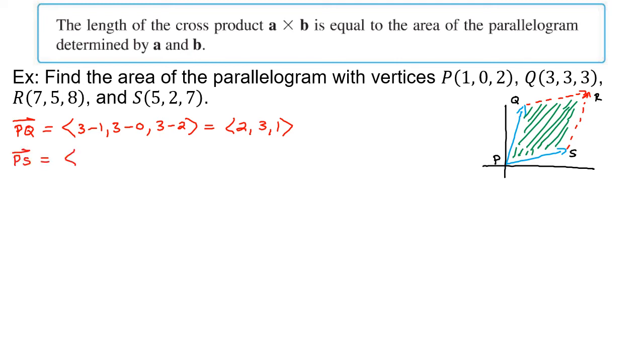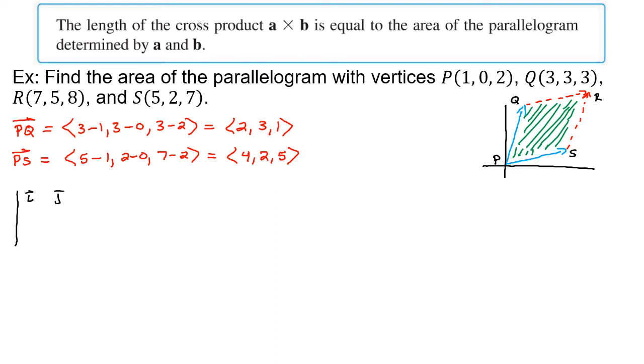So I need to do S minus P. 5 minus 1, 2 minus 0, 7 minus 2. And so that would be the vector 4, 2, and 5. Then I could take the cross product of those vectors and figure out that magnitude.